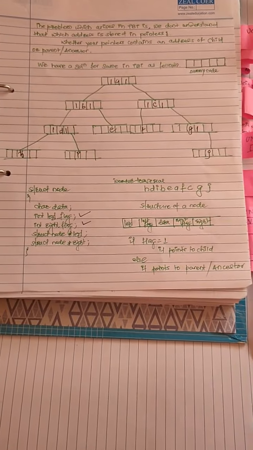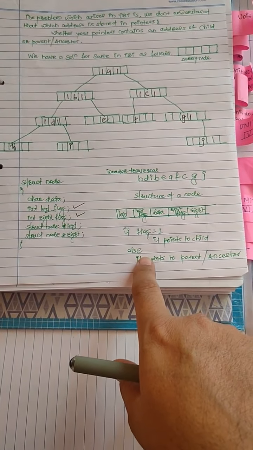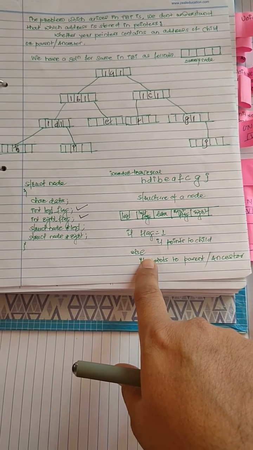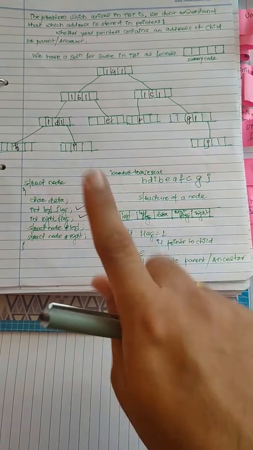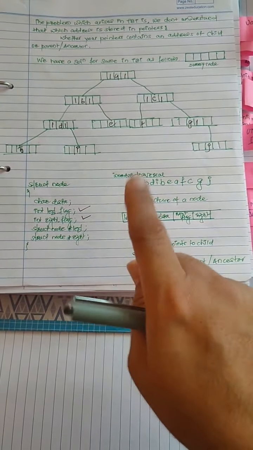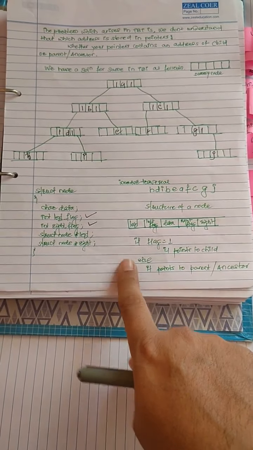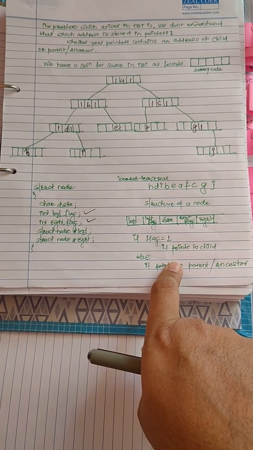Now what we have discussed? We have discussed that if flag is equal to 0, what does it mean? It means that if your nodes don't contain any children, if they are not pointing to any children, then their left and right flag is equal to 0.